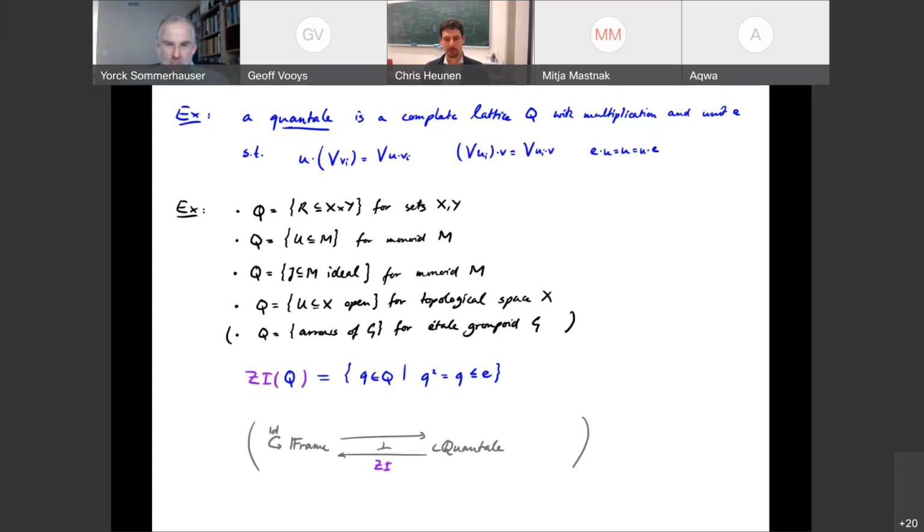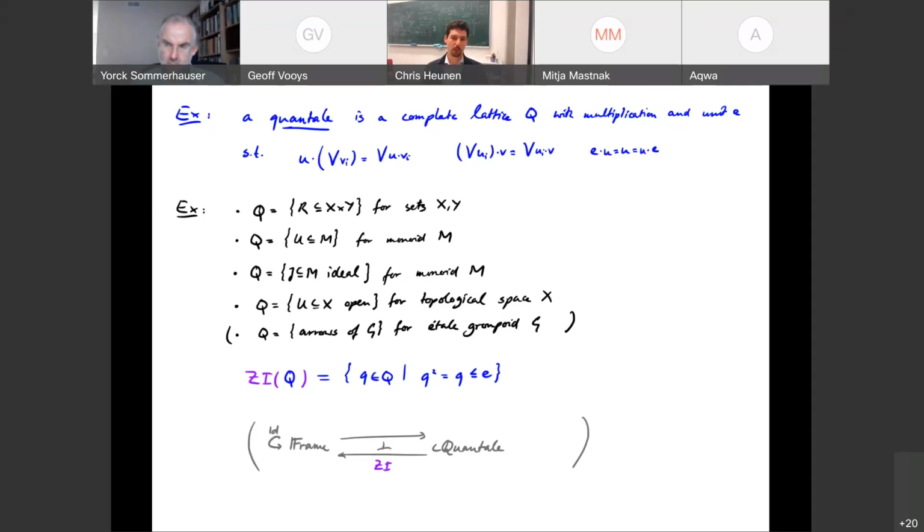You might not have heard about these things, but there are a lot of examples. For example, if you take your arbitrary favorite set X and look at relations from that set to itself, so subsets of X times X, then that forms a quantale, because I can take the union of an arbitrary number of relations and still get a relation, and I can compose a relation with itself.